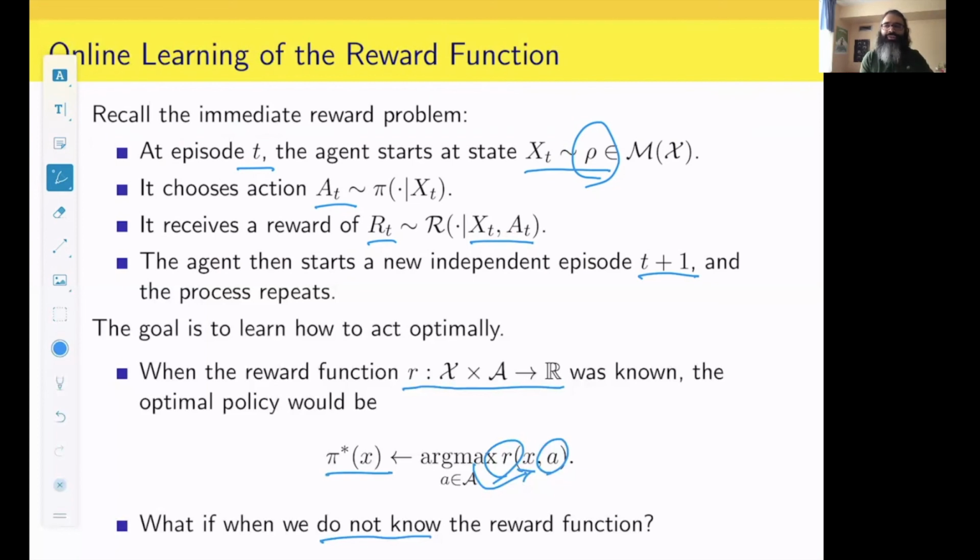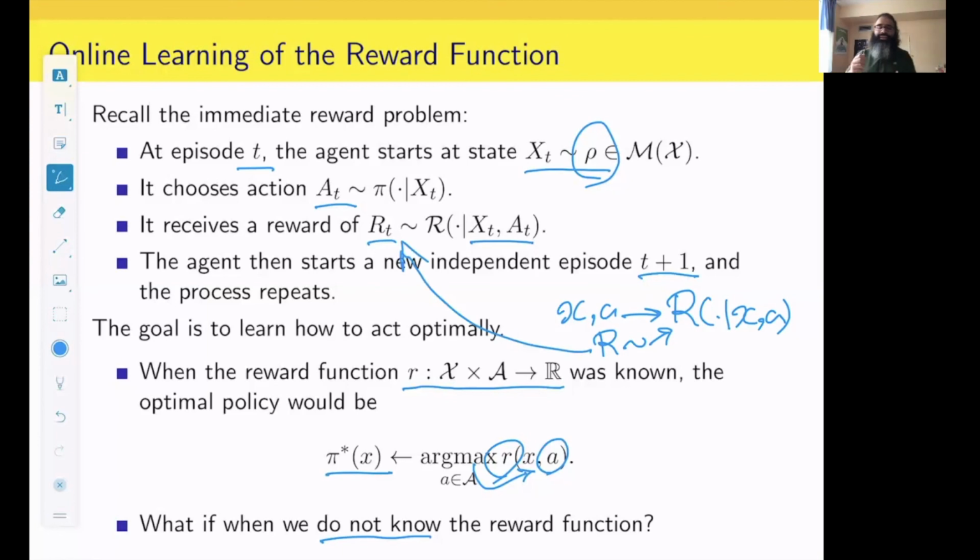So let's start from this idea that we treat each R of X and A as a random variable. For each X and A, we have this reward distribution, and if we get a random variable sampled from it, this is exactly like what we had several slides ago, like each of the Z's.